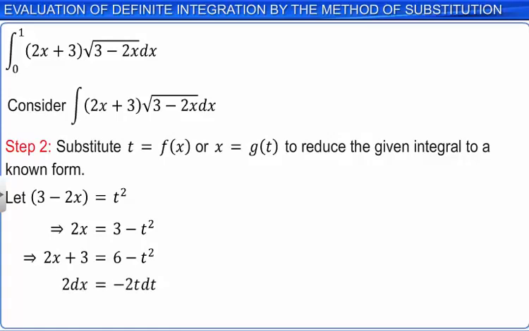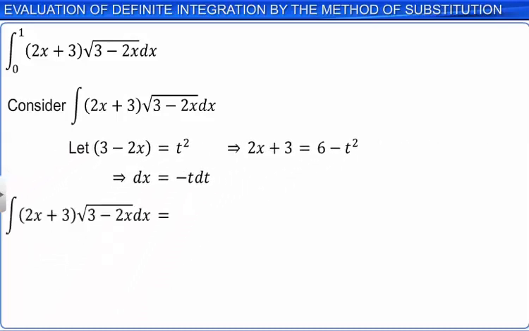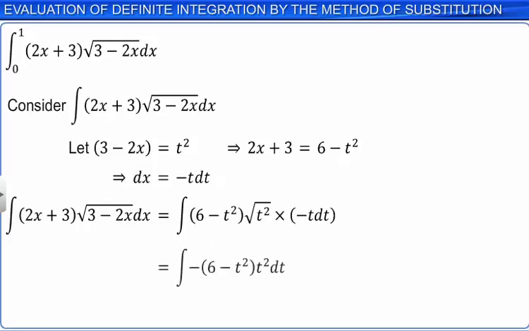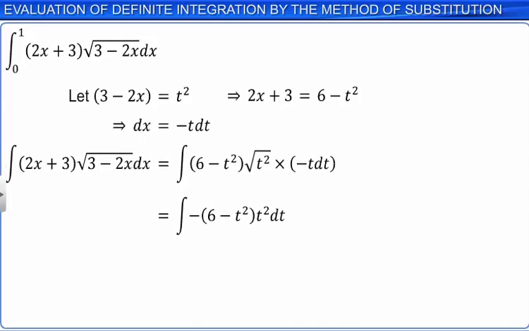This implies dx is equal to minus t dt. Therefore, the given integral can be written as the integral of (6 minus t square) times square root of t square times minus t dt. This can be further simplified as the integral of (t power 4 minus 6t square) dt.